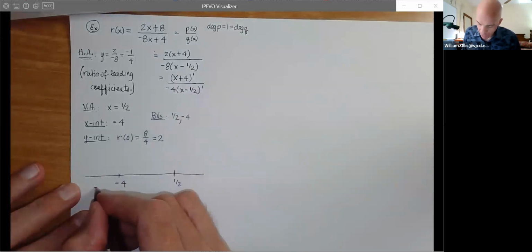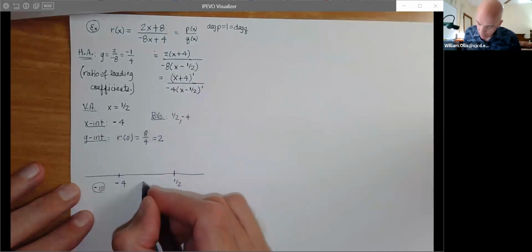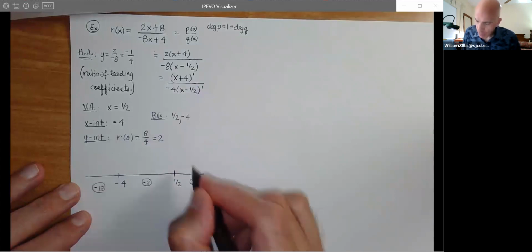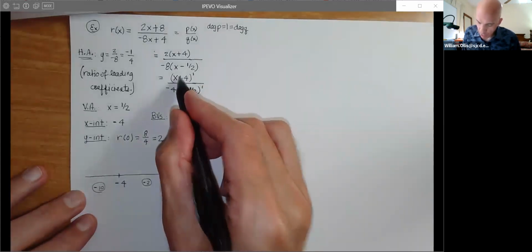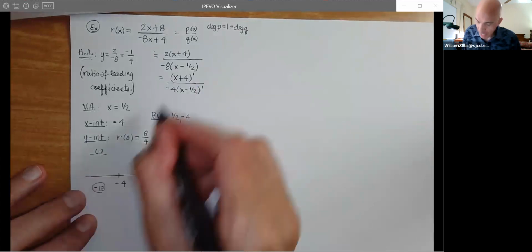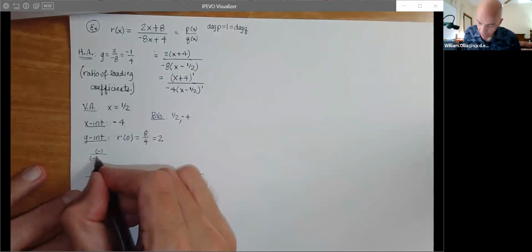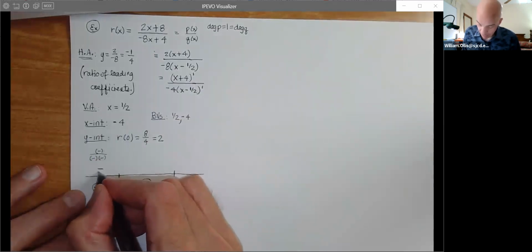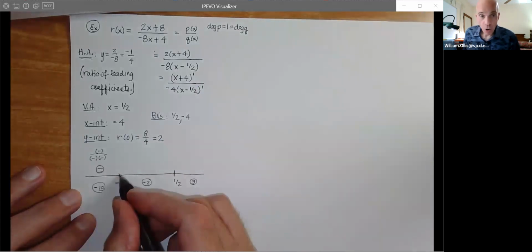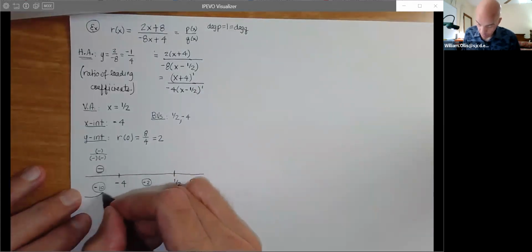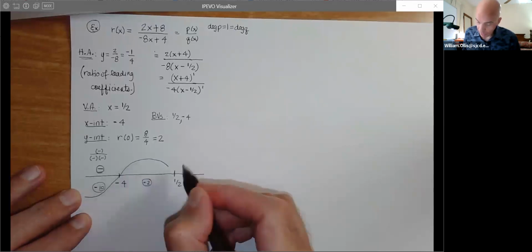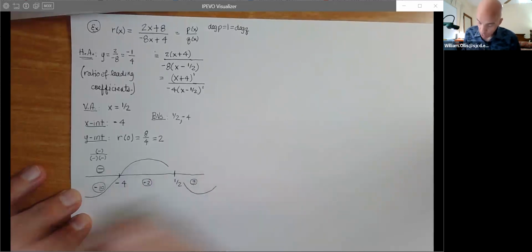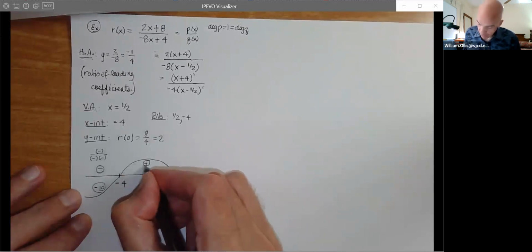But let's go ahead and say we got a -10, say a -2, and maybe a 3. So notice if we put in the -10 here, that's a negative. And then of course we have a negative already built in, so we can't ignore that. And then a -10 there is negative. So 3 negatives is negative. So we're going to have to cross at -4. And then we're going to change sign here, but we won't cross. We'll do something like this. So we've got plus, negative.